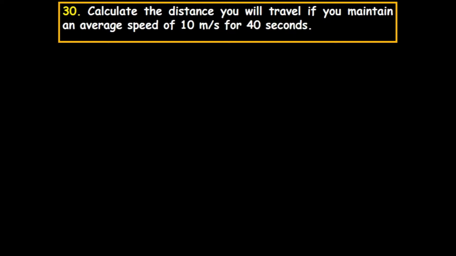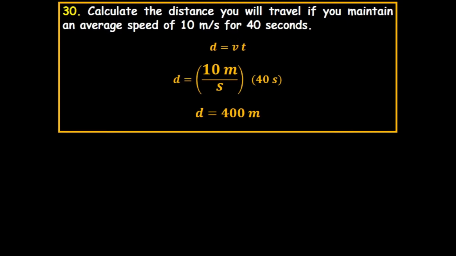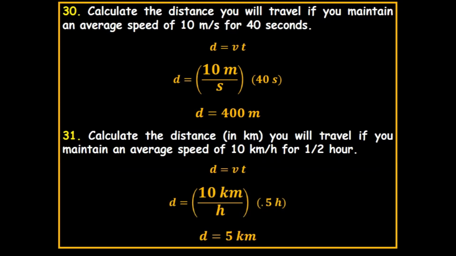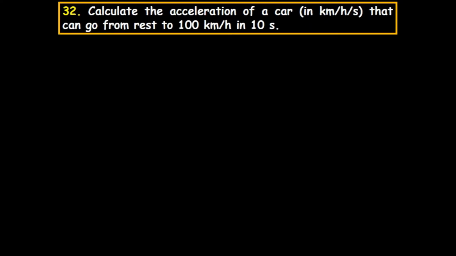Calculate the distance you will travel if you maintain an average speed of 10 meters per second for 40 seconds. 10 times 40 is 400 meters. Calculate the distance in kilometers you will travel if you maintain an average speed of 10 kilometers per hour for a half hour. That's going to be 10 times 0.5, which is 5.